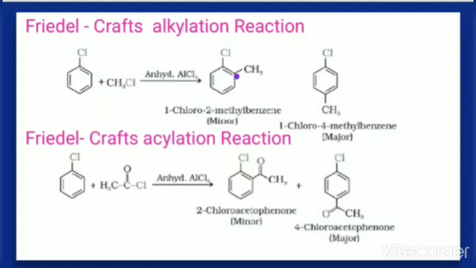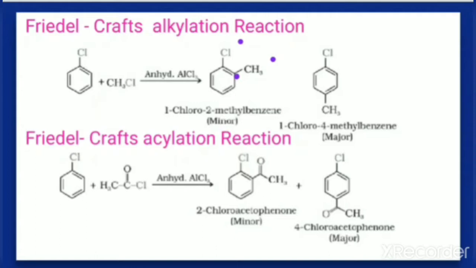So, this product is called 1-chloro-2-methylbenzene. Look at the structure here. Why is it 1-chloro? Because here Cl and CH3, that is the chloro group and methyl group, are both substituents. But in alphabetical order, Cl, that is C, comes first.